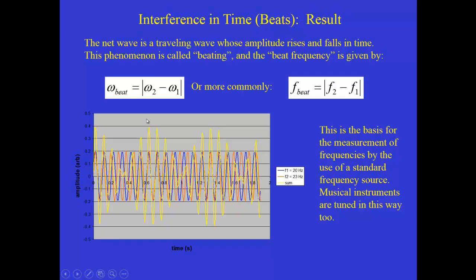As a result, even though the overall frequency of that wave is half of omega-2 minus omega-1, what we interpret as the beat frequency, the rate at which the loud and the soft tones occur, will be twice the frequency of the net wave.